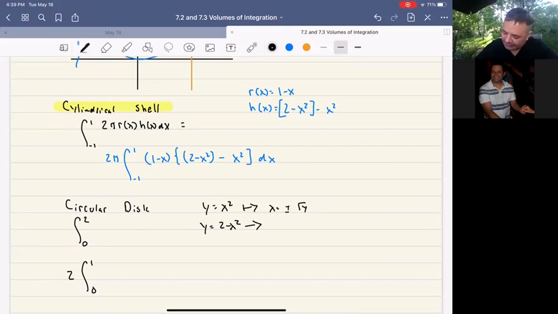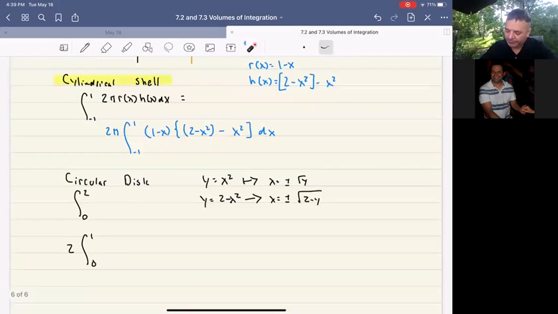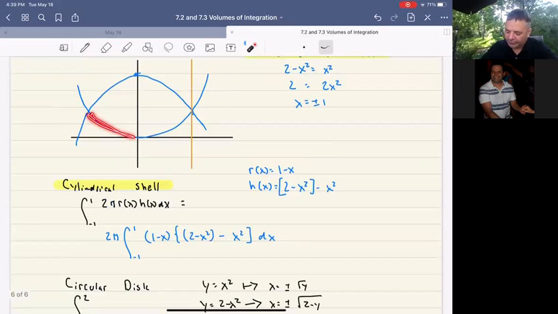Then x is going to be plus or minus the square root of 2 minus y. Okay. So now, from here to here, this is the positive part of x equals the square root of y. This is the negative part of x equals the square root of y.